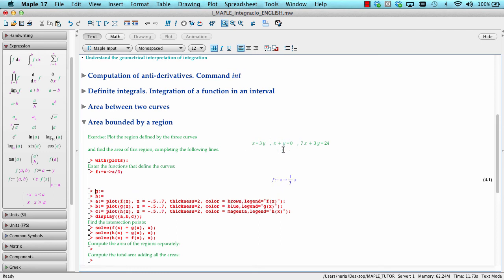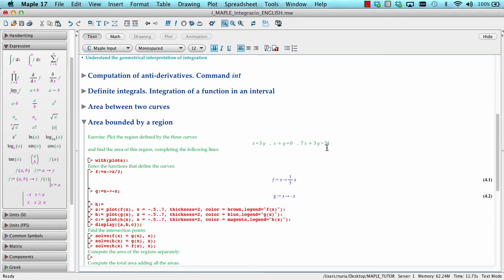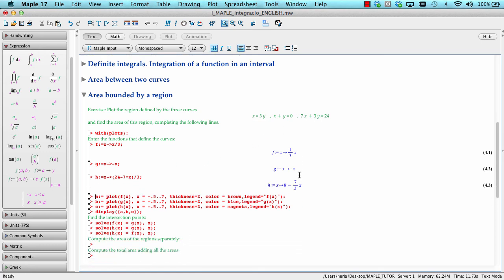The second one, if we isolate the y, we get minus x. And in the third function, we take the 7x to the other side, so it's 24 minus 7 times x divided by 3. So these are the three functions.